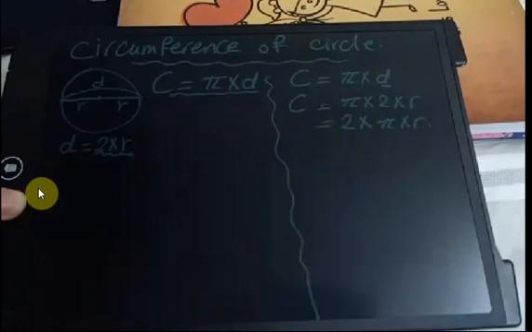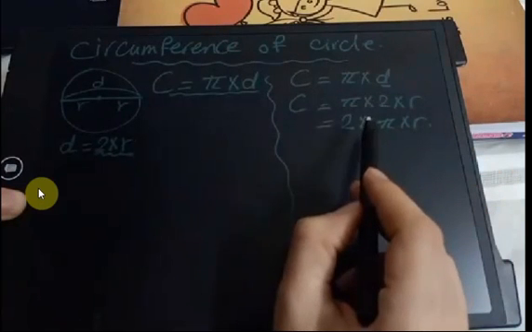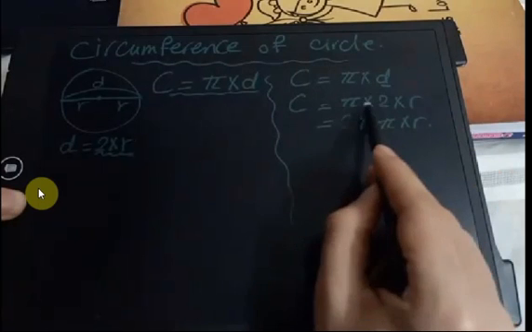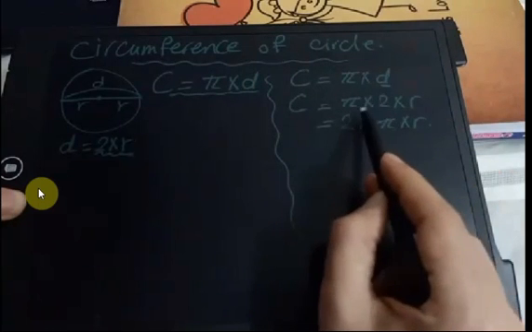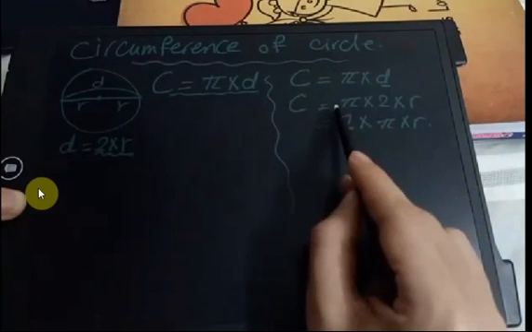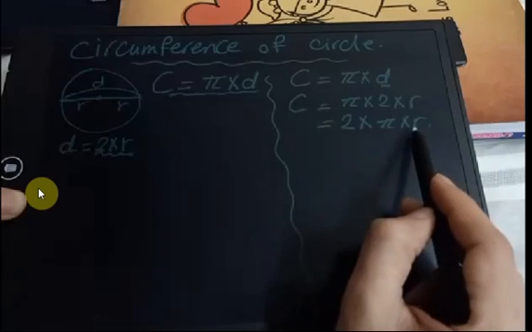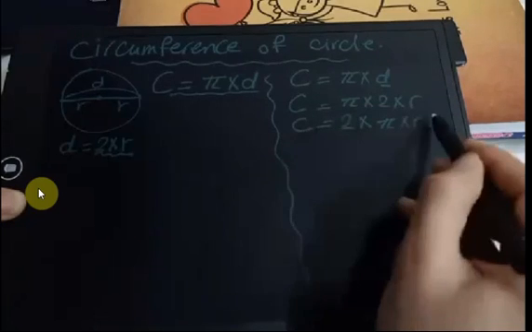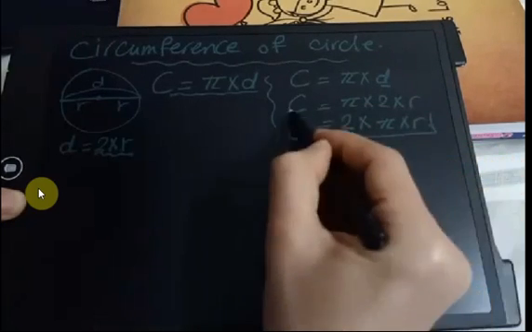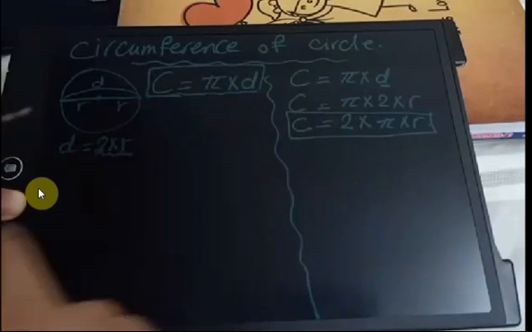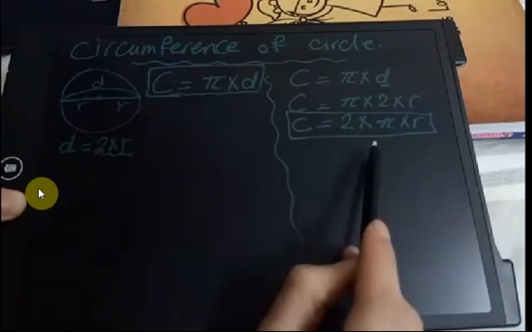And of course you know that the numbers are commutative, so I can change the position of the number. I can take the 2 and put it at the beginning. So the circumference equals 2 times pi times r, or pi times d. You can use this rule or this rule.